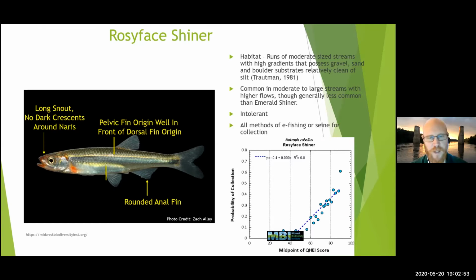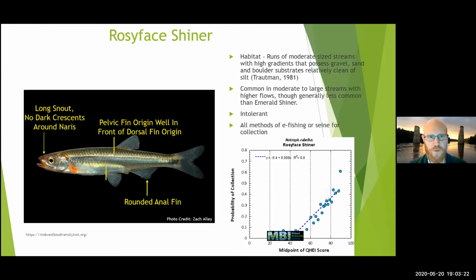So the dorsal fin is set back the furthest. And then the anal fin is rounded, versus the other 2 are pointed. So if you get into a stream and you catch a fish that looks like these, the first thing I would look at is snout length and the rounded anal fin.